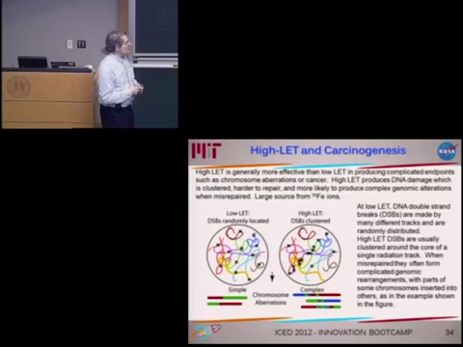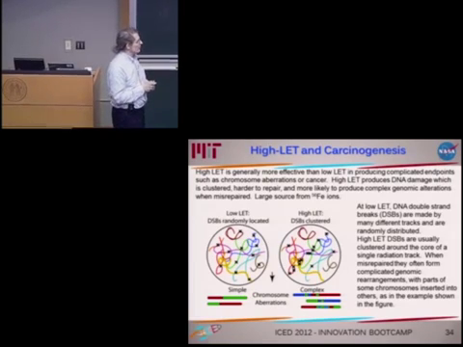Okay, well, what about high LET? I haven't said much directly about that other than to say it's densely ionizing, but what does that mean in terms of the putative carcinogenic lesion? Well, in the case of protons and iron nuclei, what one tends to see is highly clustered damage, that the particle takes a more or less straight line track through the cells.